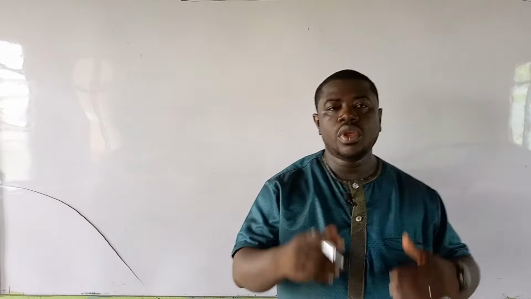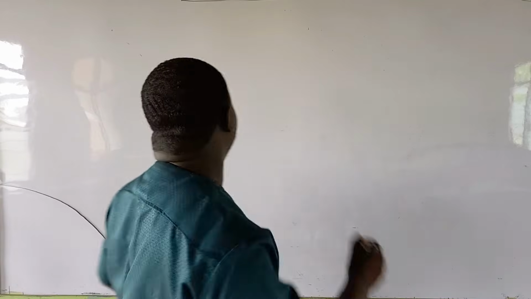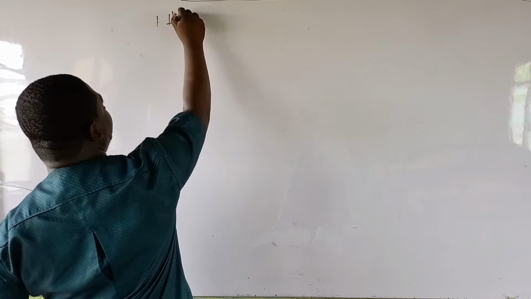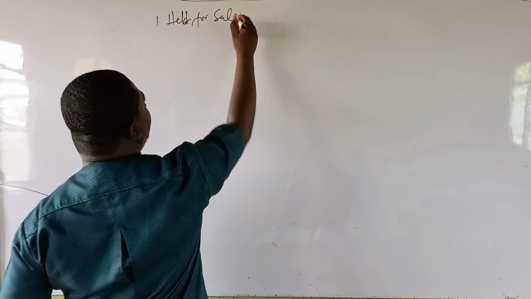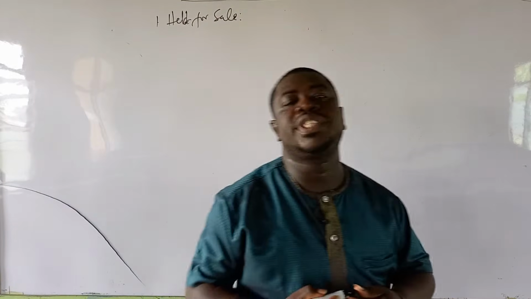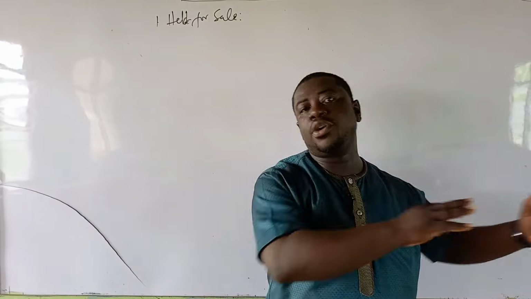All right, so let us try and define these two terms. The first term I want us to look at is held for sale. What is the meaning of held for sale when we say an asset is held for sale? Because that is the core of this standard, non-current asset held for sale.